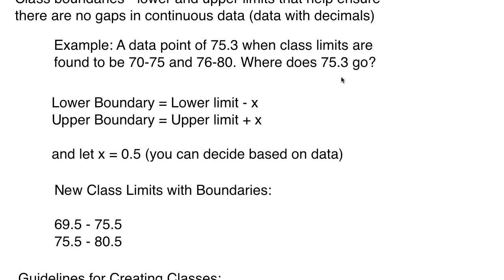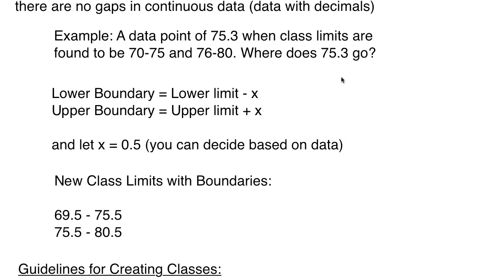So for the lower boundary, you're going to take the lower limit and you will subtract x from it. The upper boundary, you're going to take the upper limit and add x to it. So in this case, we are going to go ahead and let x equal 0.5 because with 75.3, we're only going out a tenths unit in this data.